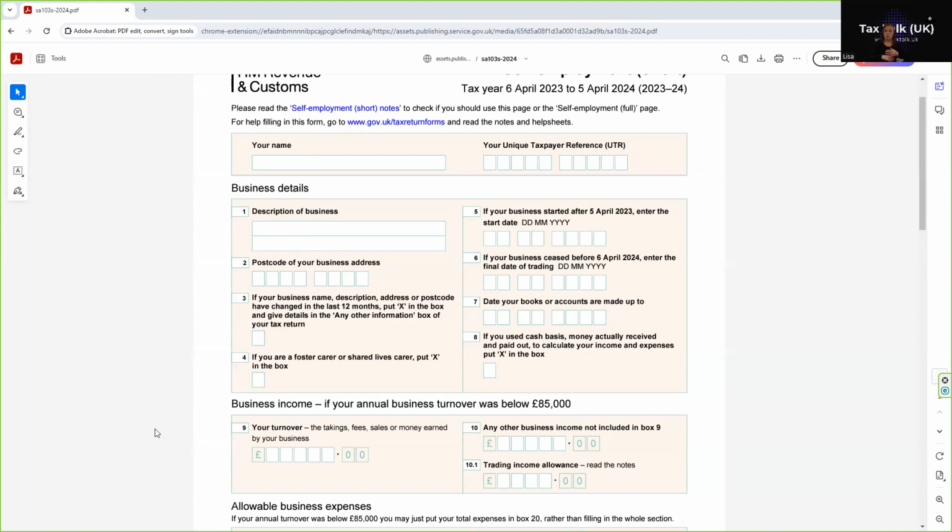Of course, we will have taught in other videos about basis period reform. For the intents of this video, I'm going to work on the assumption that everybody is submitting accounts that are made up to either the 5th of April, i.e. the end of the tax year, or rounded to the end of March, i.e. the 31st of March.